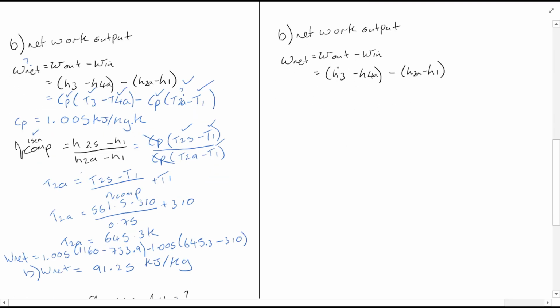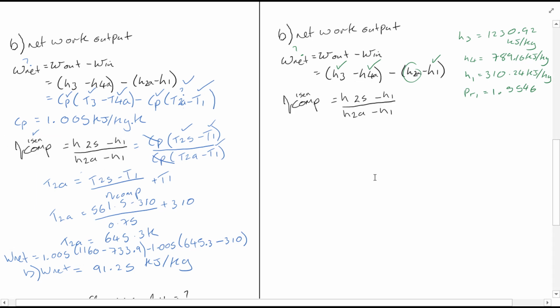Okay, and as you know, we previously found H3 using table A17, and we also found H4A as well as H1, and of course the pressure ratio corresponding to 0.1 as well is of relevance to us because we need to find H2A, and in order to find this we can then calculate network, which we're looking for. Now of course this same equation over here, you can find that in the data sheet.